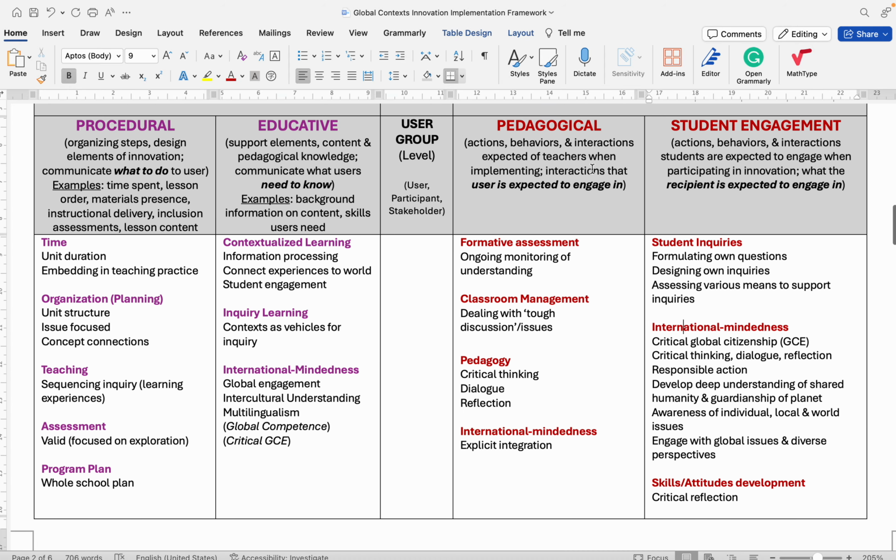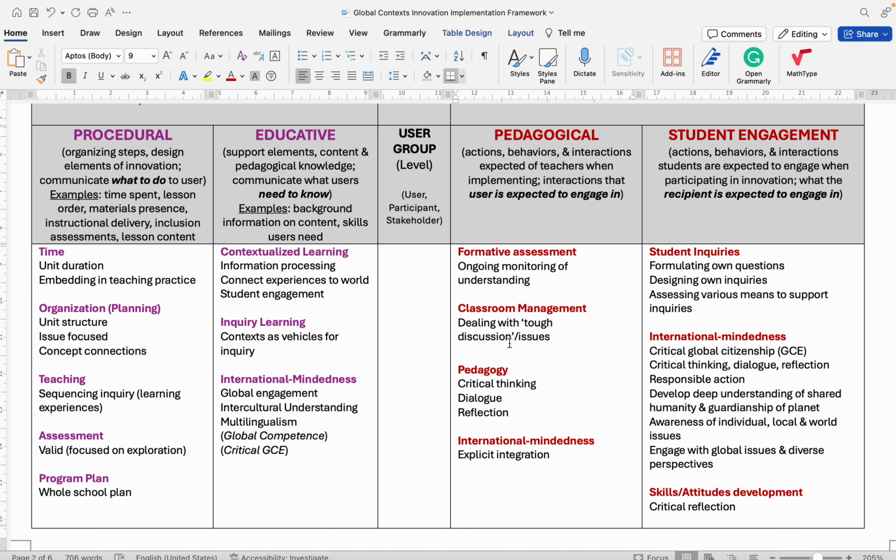But in terms of the specific actions, behaviors, and interactions expected of teachers, this is much fuzzier, grayer, much less defined, and some of these things are almost like referring to general classroom practices.